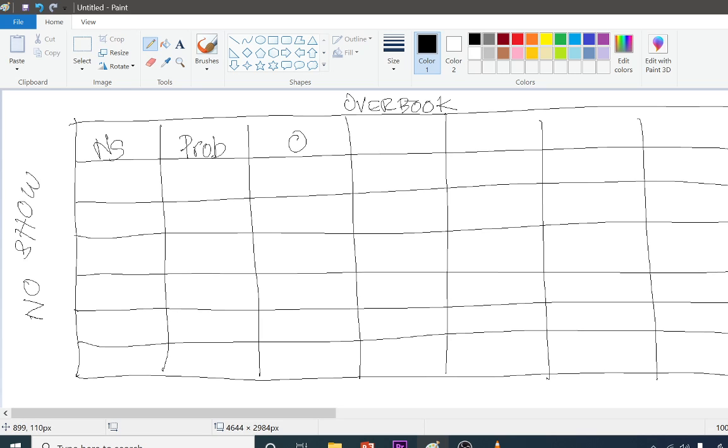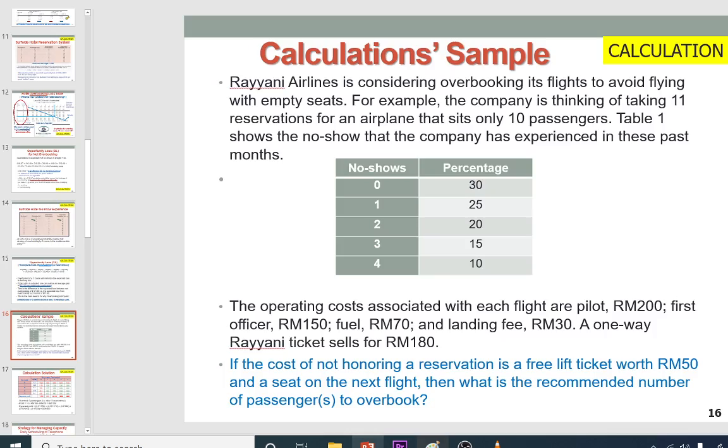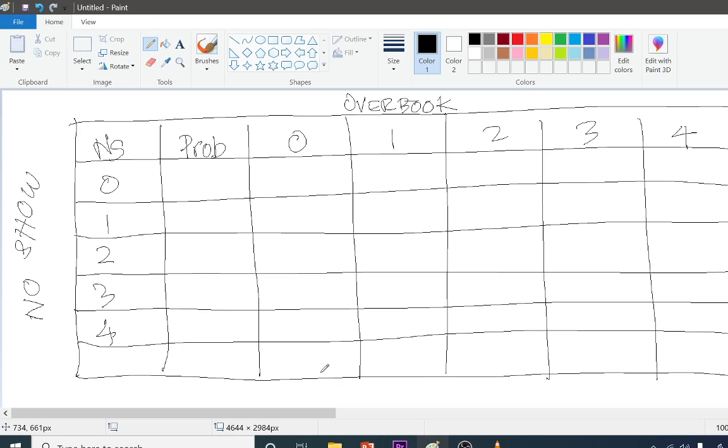Okay, so overbooking 0, 1, 2, 3, and 4. And of course, if it is 4 overbooking, the no show also got to be 4. No show 0, no show 1, 2, 3, and 4. Right? So again, based on the given probability or percentage it will happen, you transfer this value to the table, which is 30% means 0.3, right?